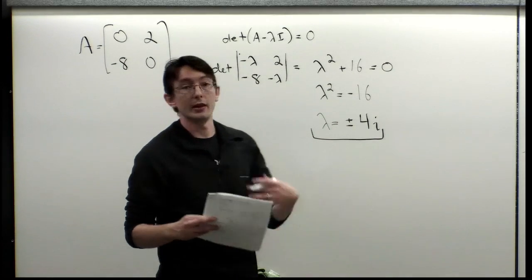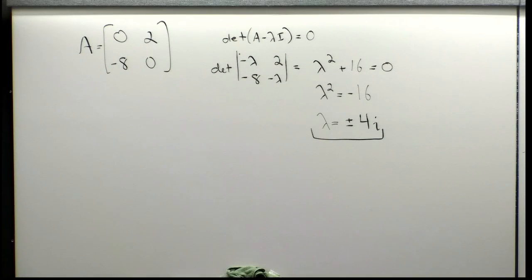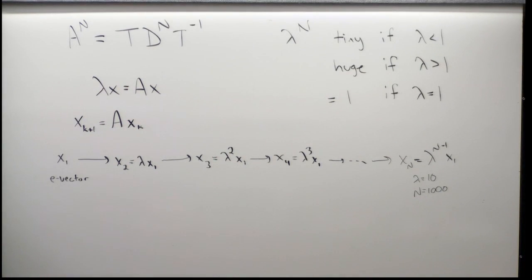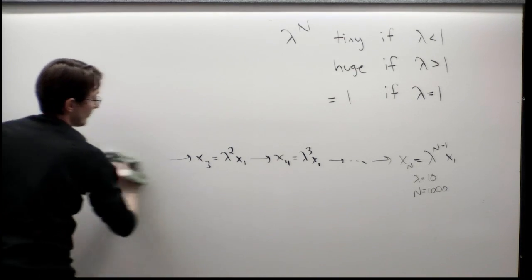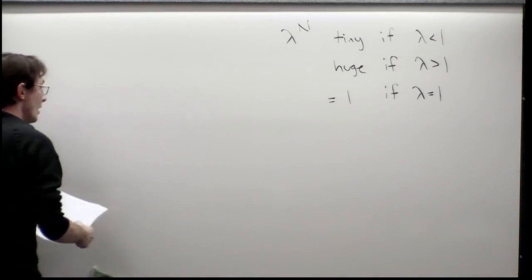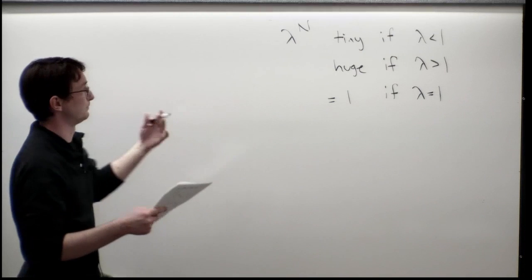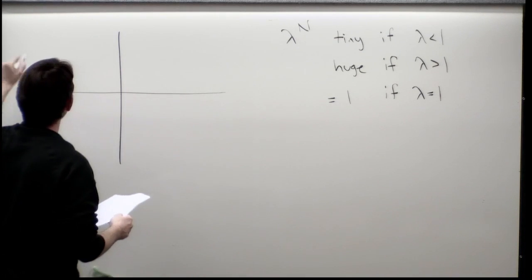And so all of the things I said about this lambda to the power n change a little bit for complex numbers, okay? So let's look at that. Instead of lambda being less than 1, what we're going to look at is where lambda is in the complex plane.